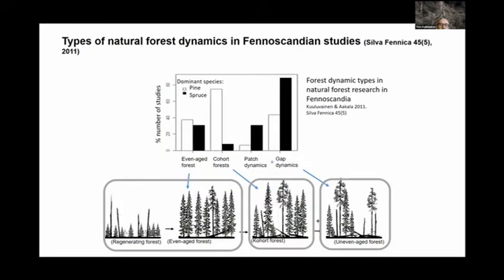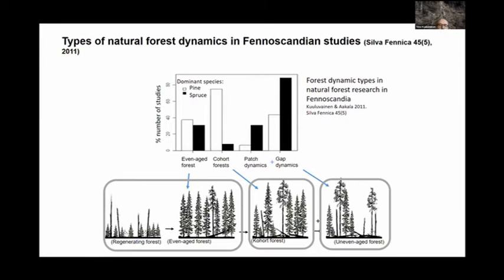And here we can see the main result of the study. So if you look at the smaller scale dynamics, patch dynamics, gap dynamics, we can see that spruce forest is dominating over there. If you look at cohort dynamics, we can see that the pine is a dominating species, and these are, in the most cases, these surface fire stands.